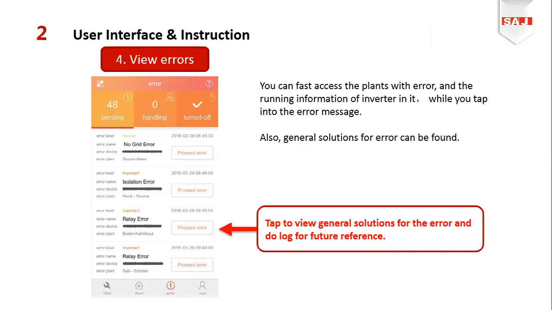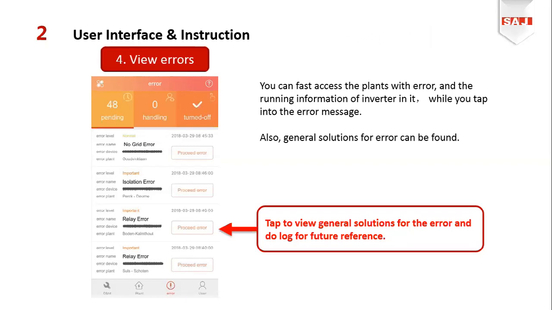When we click the item error, you can quickly access the plants with errors. You can see which plant has which type of error and how to solve the basic error according to the general solution shown by the application and the running information of the inverter in it.